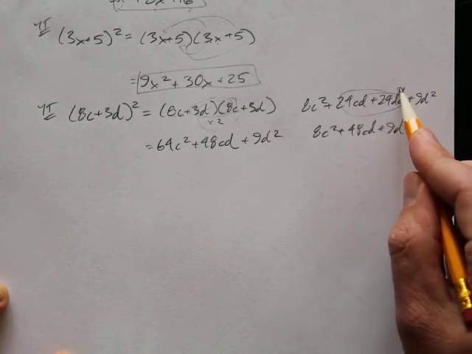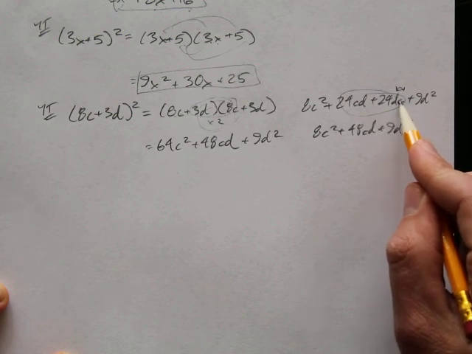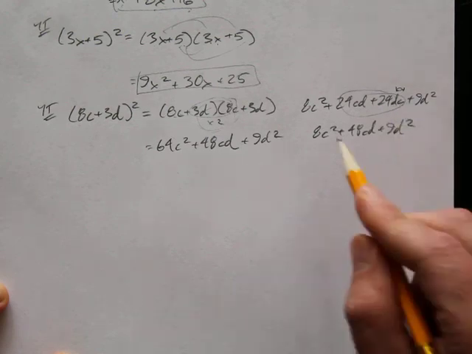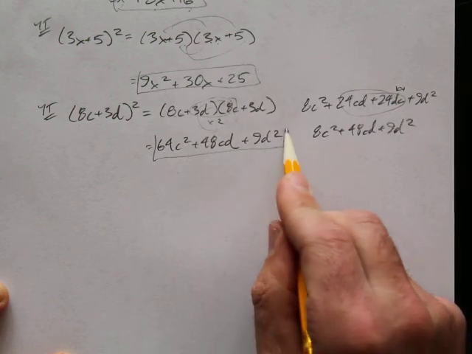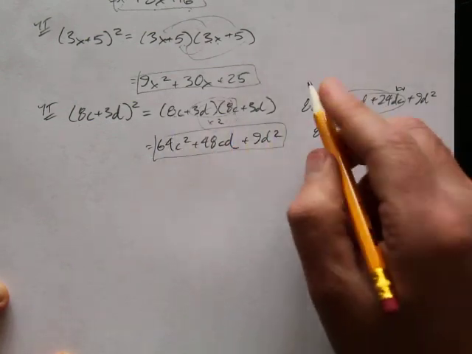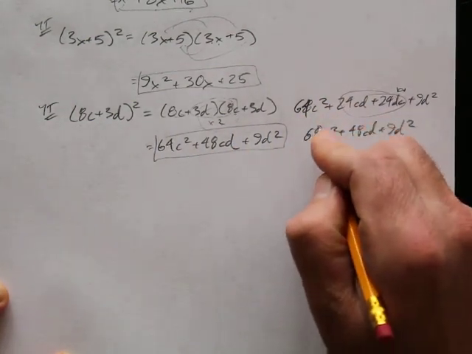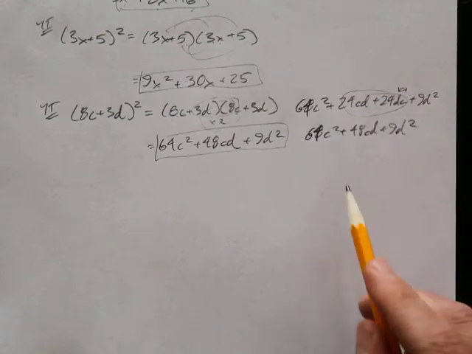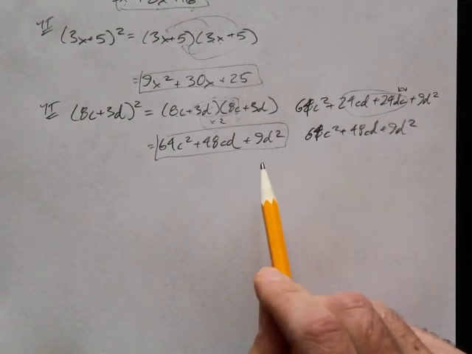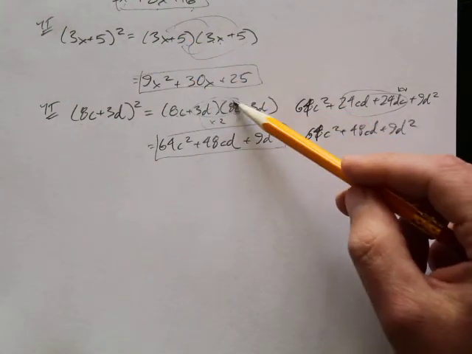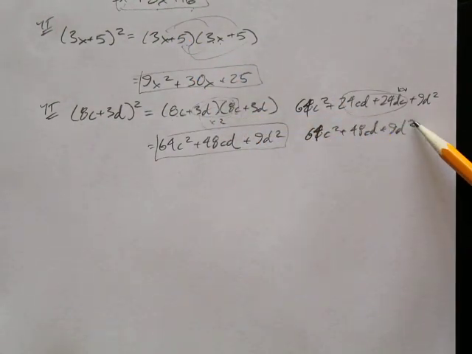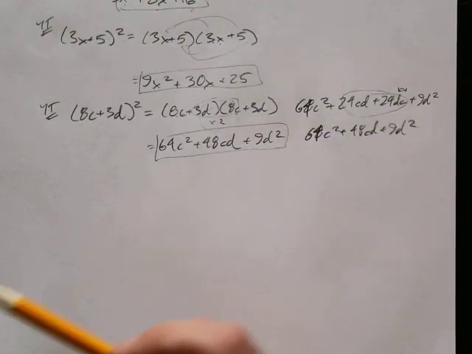Notice you can swap c and d because you're multiplying, so you can put them in whatever order you want. Oh, 8 times 8 is 64. So either way, you should get the same answer. It doesn't really matter if you use this little trick or if you FOIL it.